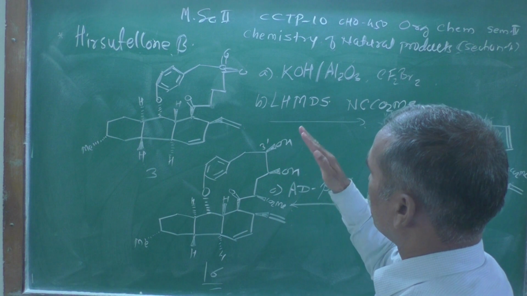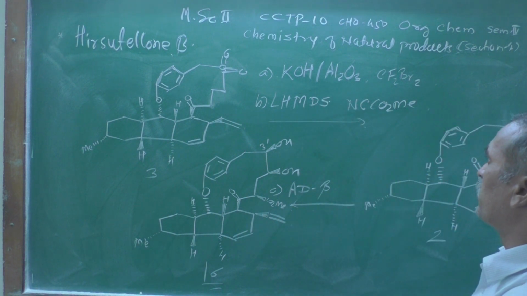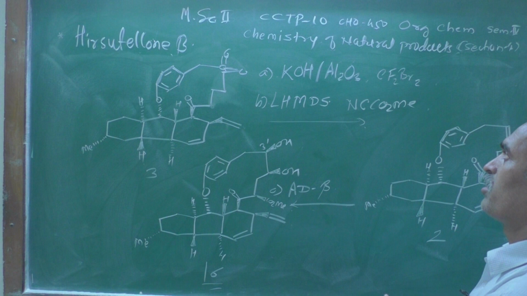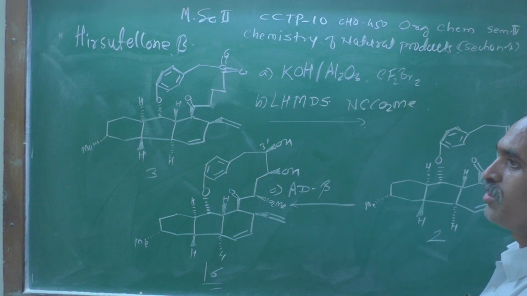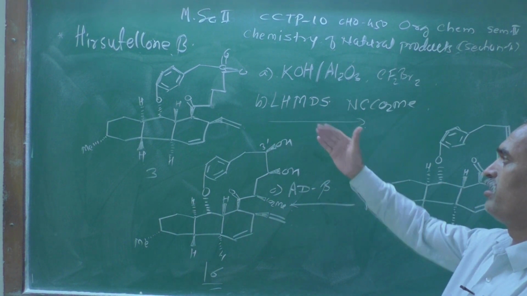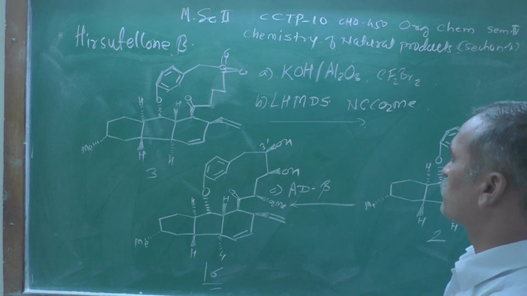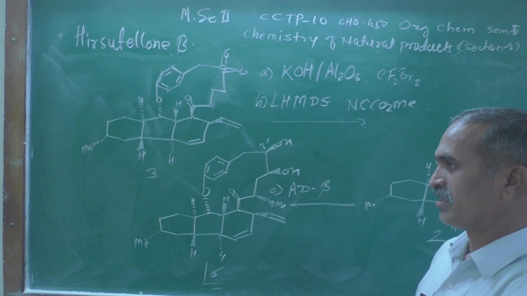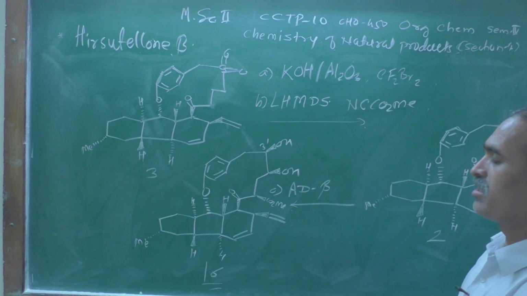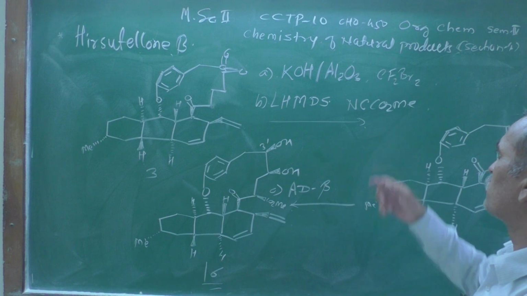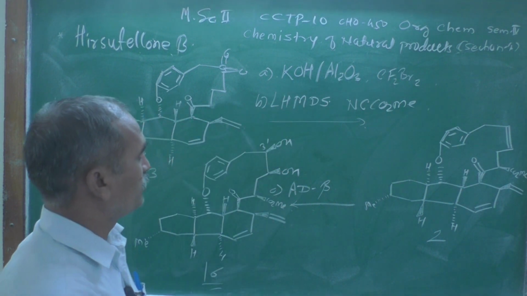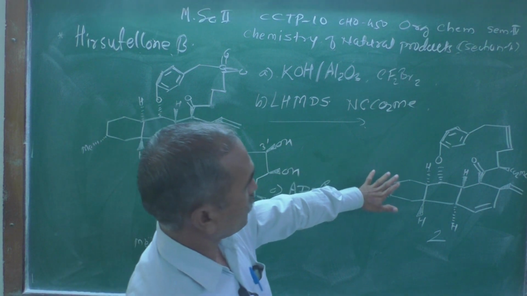When sulfone 3 is treated with reagents like potassium hydroxide in the presence of alumina or aluminum oxide, and CF2Br2, and further treated with LHMDS, lithium hexamethyldisilazide, followed by NCCO2Me, an acetamide type of reagent, we get this type of compound.